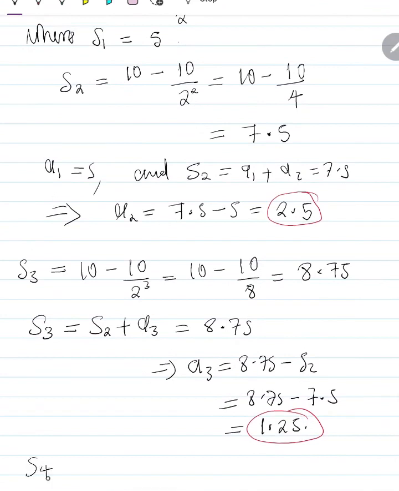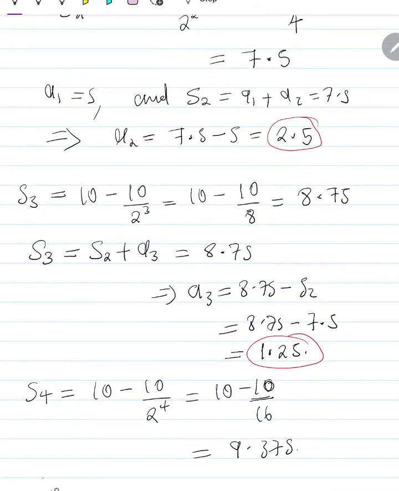So what is S4? So S4 will be 10 minus 10 divided by 2 power 4, which is 10 minus 10 divided by 16, of course. So when you compute this on the calculator, should be 9.375.